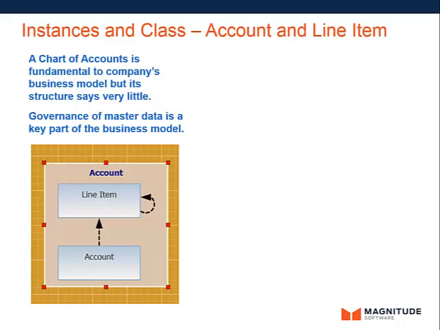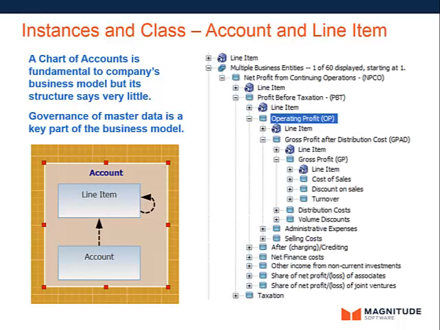Well, the data structure of a chart of accounts is pretty well an account refers to a line item with some sort of hierarchy there. Pretty simple, probably the same for all companies. But if we look at the actual chart of accounts, then it tells us the things that we hold about a company. The operating profit might be a very important thing that we need to deal with.